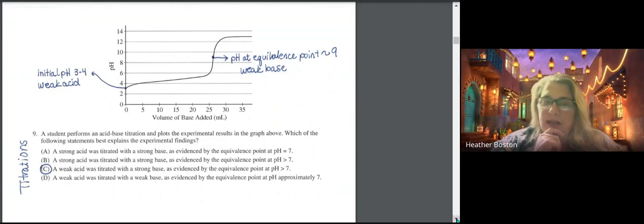So that means it cannot be a strong acid that's being titrated, because the pH of a strong acid, strong base titration at the equivalence point is always going to be 7. So that's how it tells me that I cannot be dealing with a strong acid and a strong base. So I can cross off A and B.